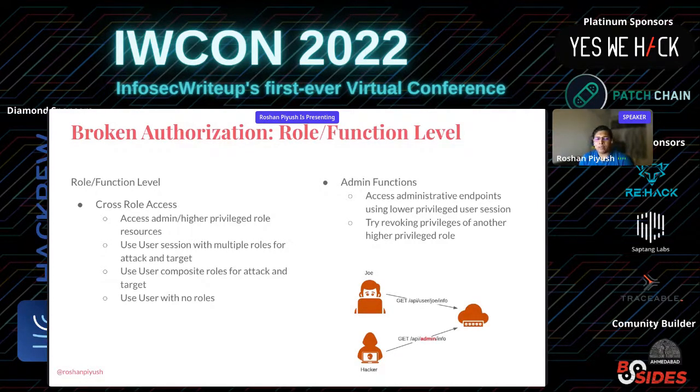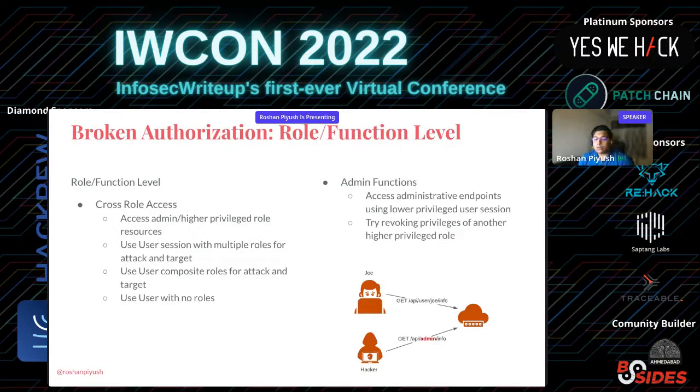Also, it's not just limited to roles. Even if our applications are not using roles, there will always be admin functions on the services. So try to identify those admin APIs and then access them using a non-privileged or lower privileged user session.